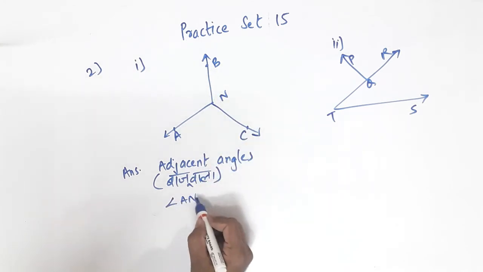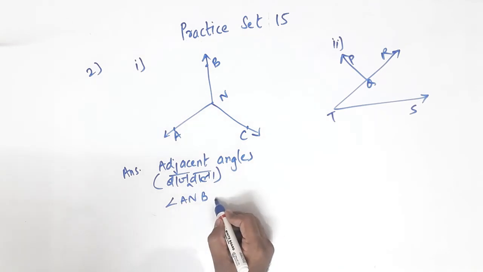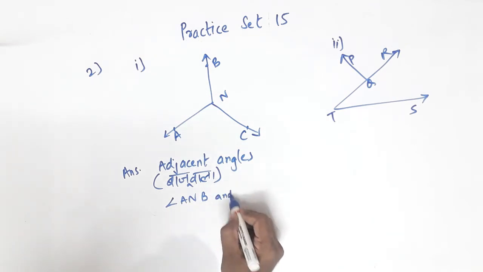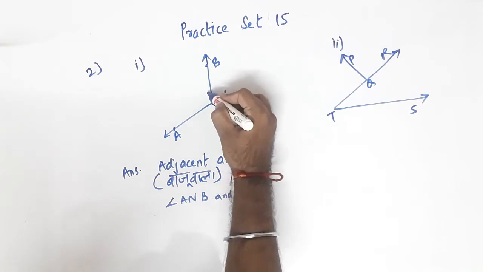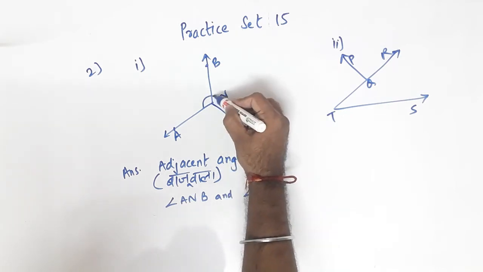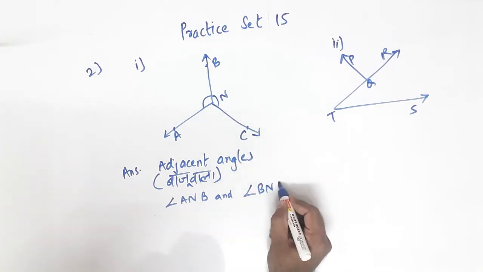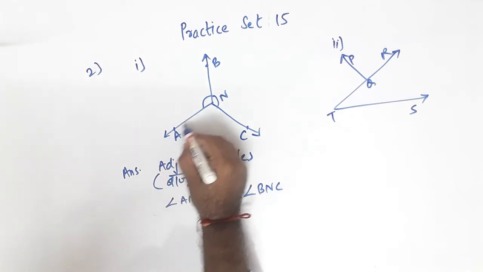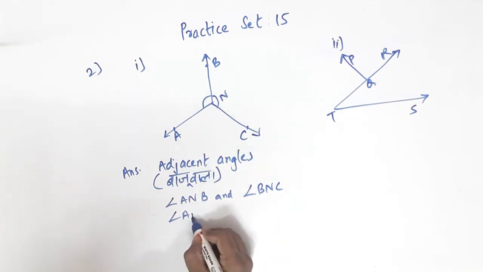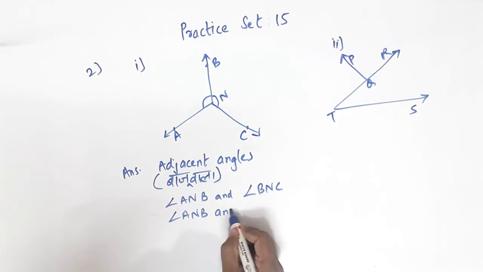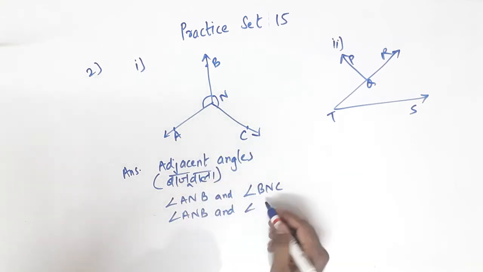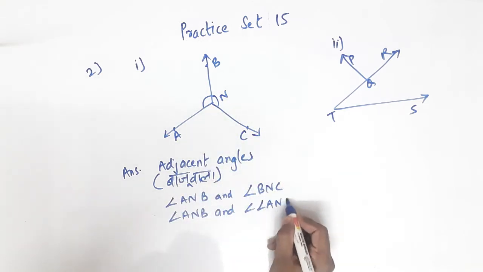Angle ANB has adjacent angle BNC. The adjacent angle of this is angle BNC. One more angle it has. If I take angle ANB again, this angle is also adjacent angle ANC.